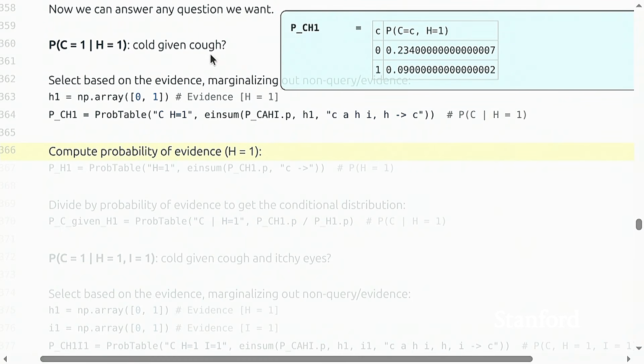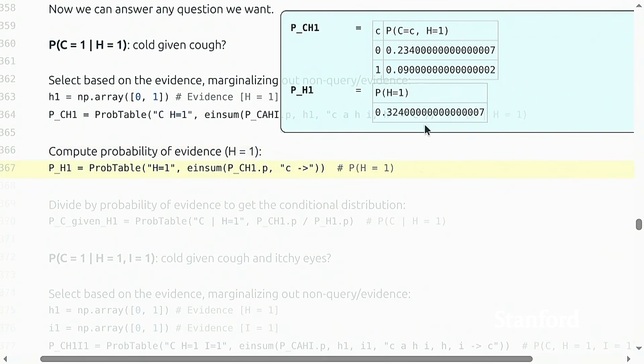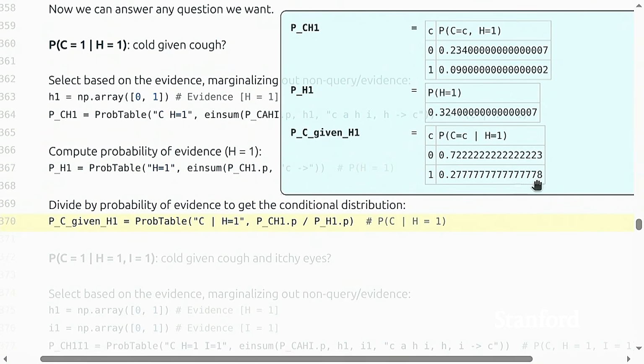So allergies and itchy eyes, just forget about it. Just collapse them. Okay, so this gives us the probability of cold and cough equals 1. Compute the probability of the evidence, which is just adding these up, and then divide by the probability of the evidence to get a normalized answer. So the probability that you have a cold, given that you have a cough, is 0.28.